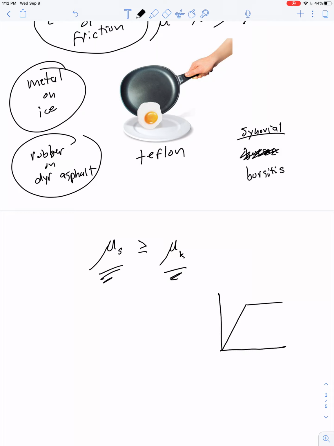Teflon's a surface that they coat our cookware with so that the eggs can slide out easily, right? A really good Teflon pan doesn't allow for any frictional welding, and the coefficient of static friction for fried egg on Teflon is the same numerical value as the coefficient of kinetic friction for fried egg on Teflon. But for just about every other material that I can think of, the coefficient of friction in the static range is always greater than that of the kinetic range.